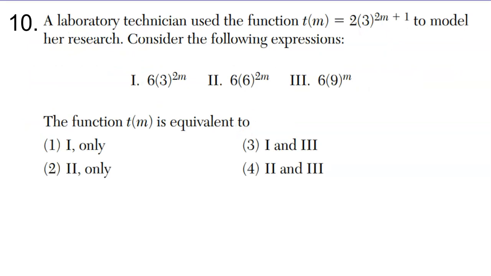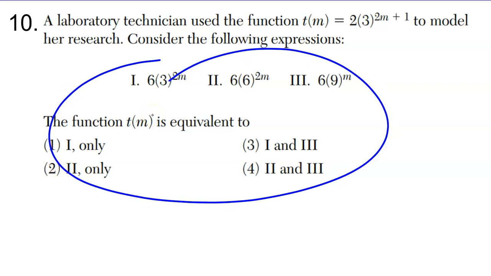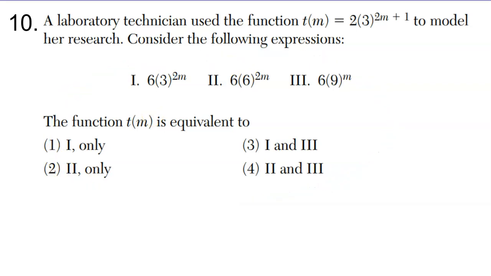A laboratory technician used the function t of m equals 2 times the quantity 3 raised up to the 2m plus 1 power. Consider these following expressions. Okay, this looks like an exponential function, but this question is a properties of exponent question.